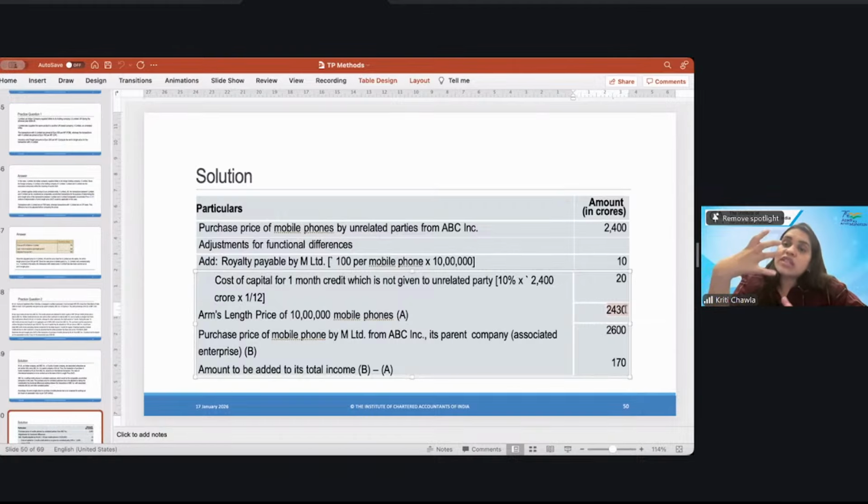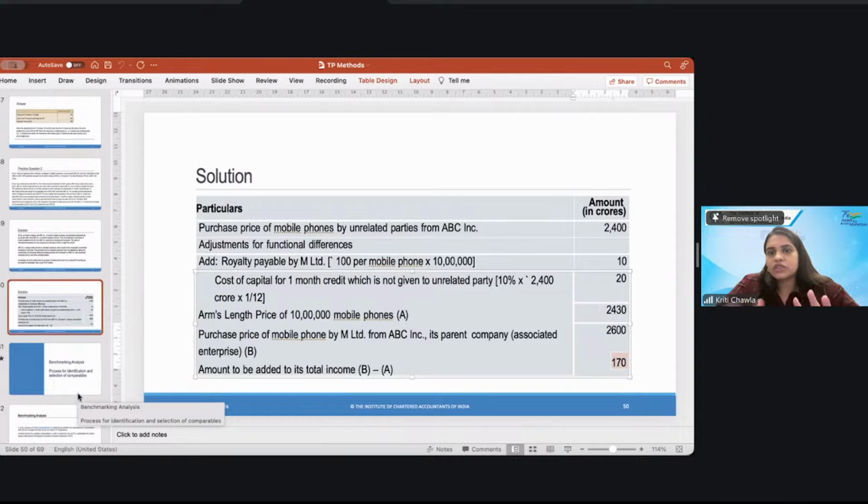However, what was actually charged was 2600. Why did they do that? Maybe to get into tax avoidance, so as to make sure that the profits they receive are lesser. So you add back 170 in this situation also. That is basically how questions are done with respect to CUP.